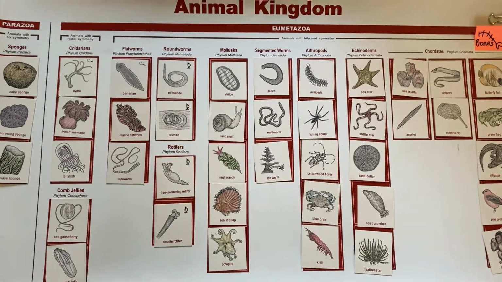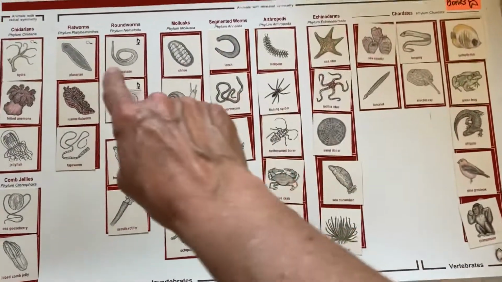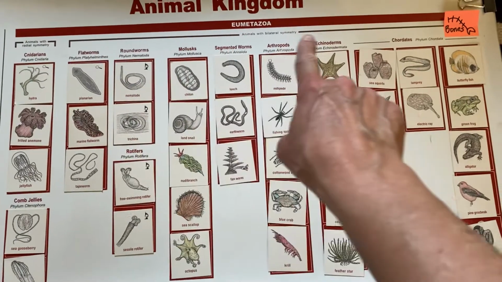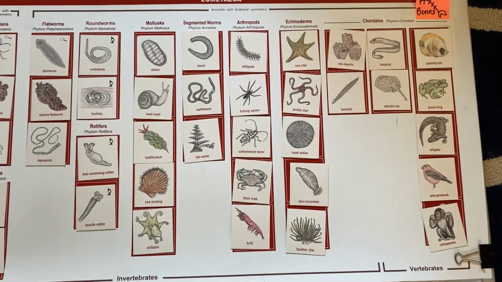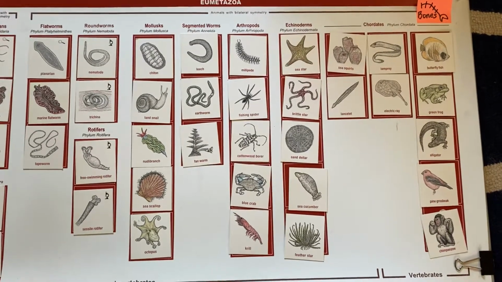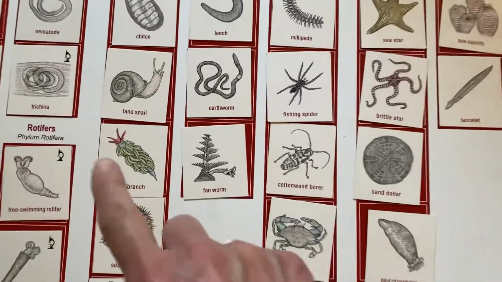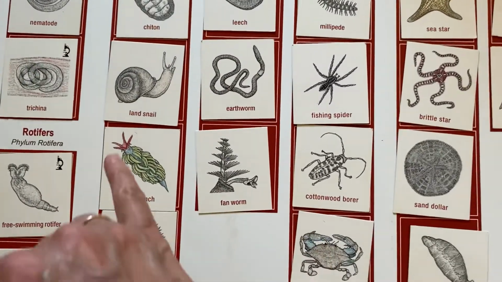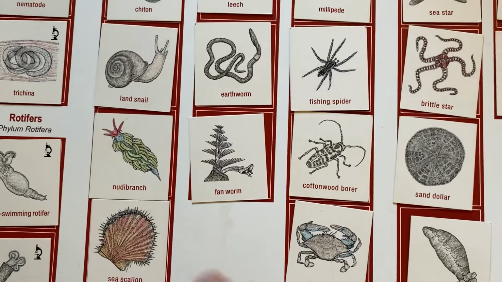For example, all of the creatures that belong in this big group over here, this big black line, have what we would call bilateral symmetry. Now you probably remember the word symmetry from math, but let's take a look, for example, at this sea slug. If I put a line right down the middle of his body, he would be like a butterfly.